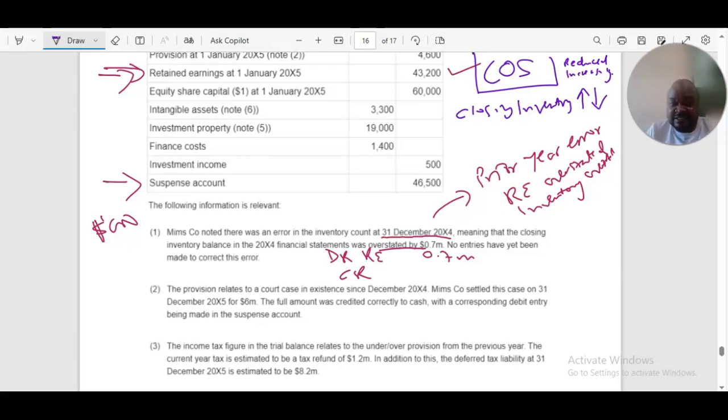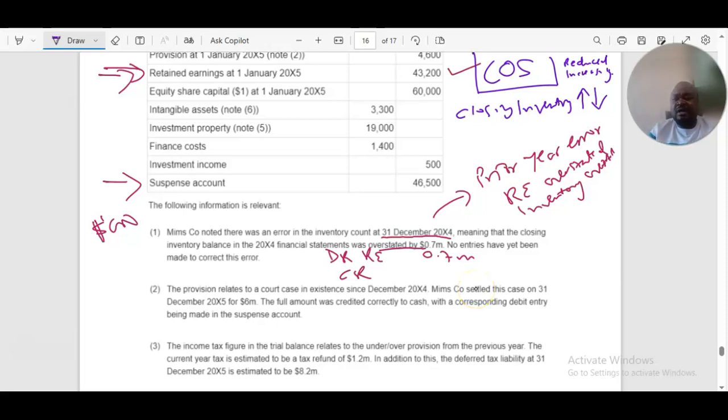For the retained earnings, we discovered that there were more credits, which means there were also more debits of something. In this case, there were more debits of the cost of sales. Why?